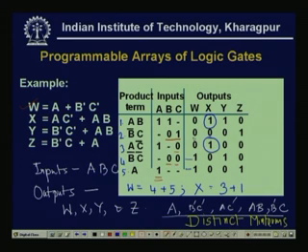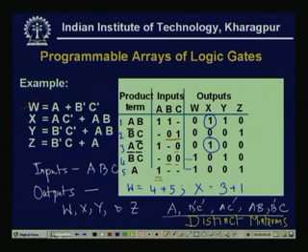If 1 exists in the AND plane, I am taking that as the input of my AND gate, and if in the OR plane a column consists of 1, then that particular product term will be the input of the OR gate.